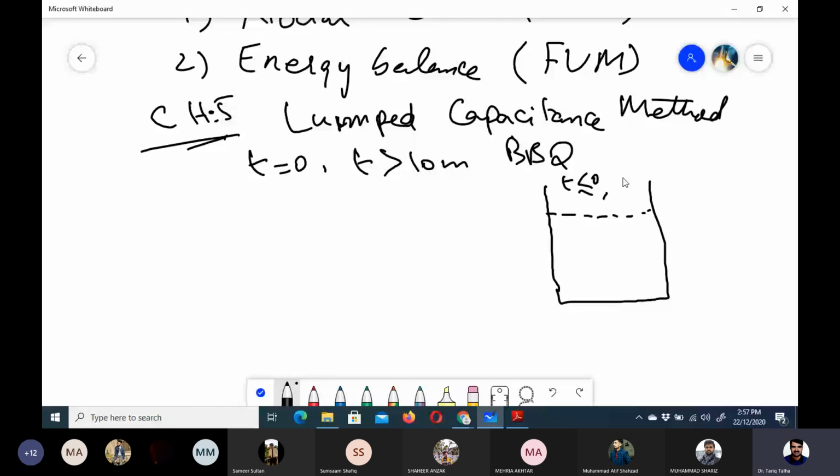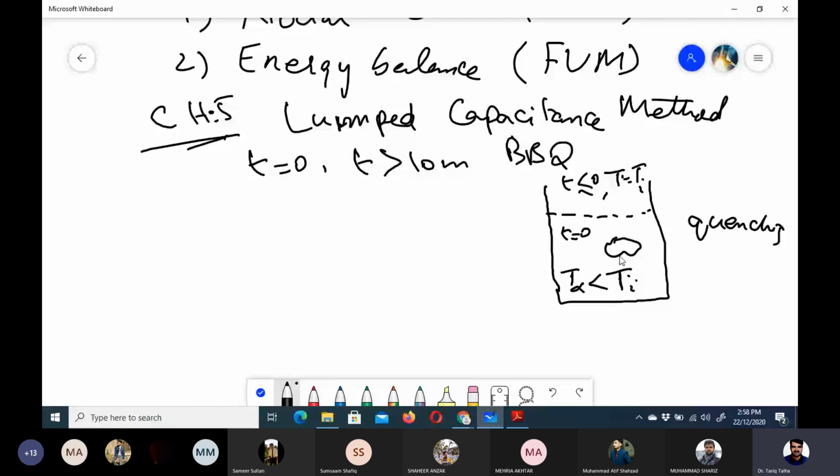Then if we put it in this water at time t equal to 0, this process is called quenching. Here the water temperature T infinity is always less than Ti, so the heat would be transferred from this heated metal to the surrounding fluid.